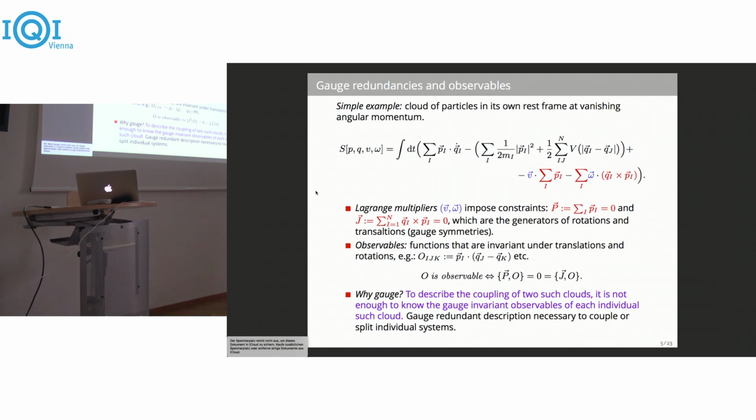So the gauge symmetry becomes important for how to couple two such clouds together. Or equivalently, it appears whenever we start with a large system and split it into individual subsystems.